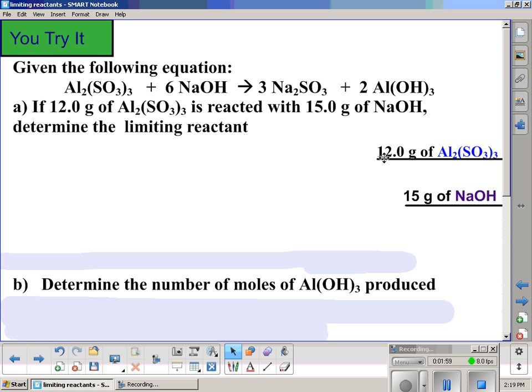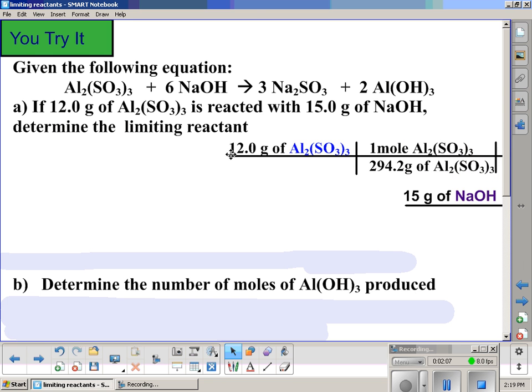So 12 grams of aluminum sulfate. The first thing we're going to have to do is convert that to moles. Grams to moles means simple unit conversion. 1 mole of aluminum sulfate is equal to the molar mass of aluminum sulfate. Now that we've converted to moles, we can do our mole to mole ratio.